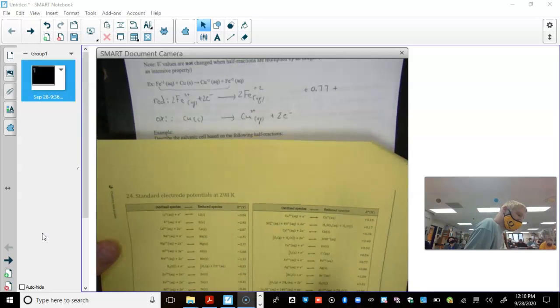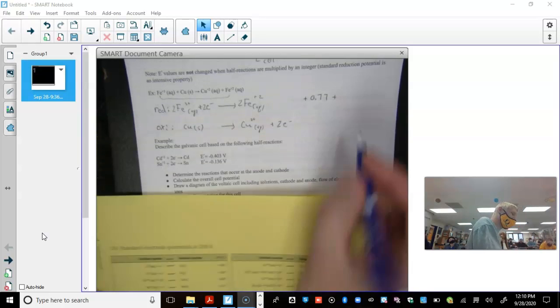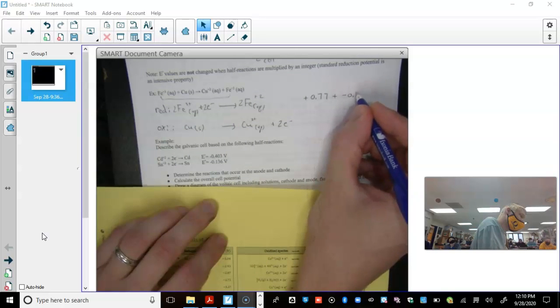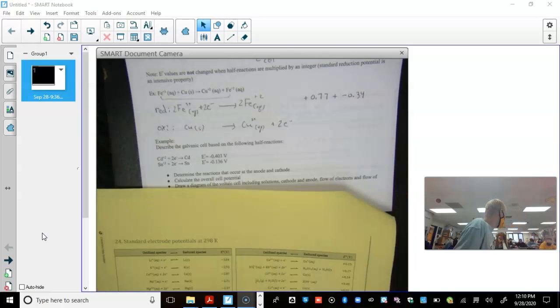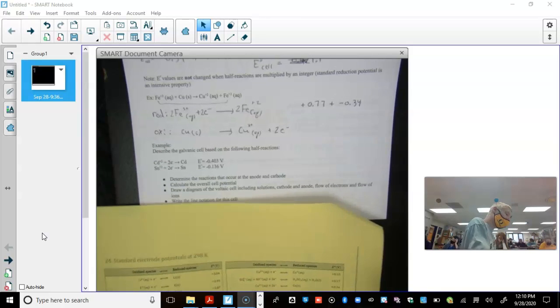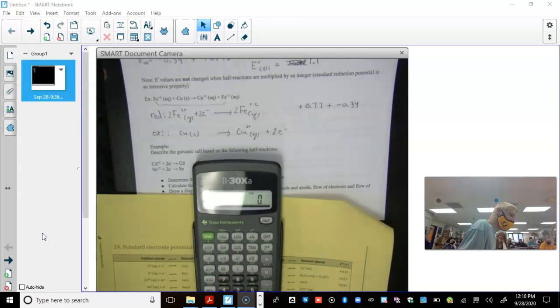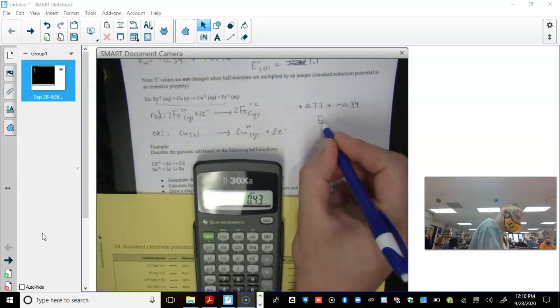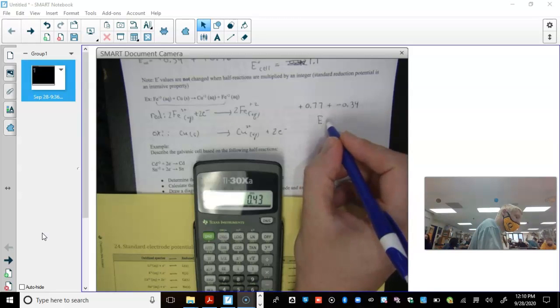That's how I thought of it, or think about it where it's got to be the oxidation version, so then you flip the sign. Kind of the same idea. So that's going to be negative 0.34. Anyone have questions on that? Why it's negative instead of positive? The overall answer should always be positive: 0.77 minus 0.34. Where are we? E cell.